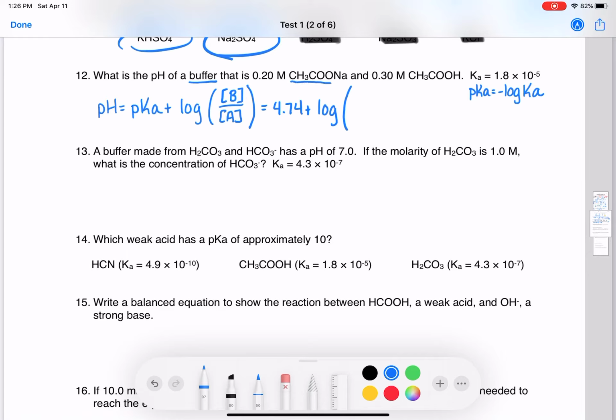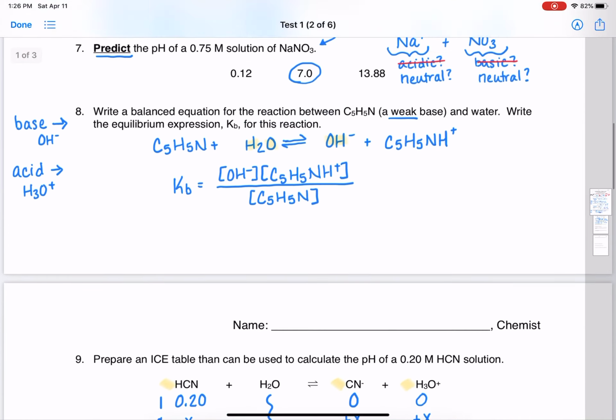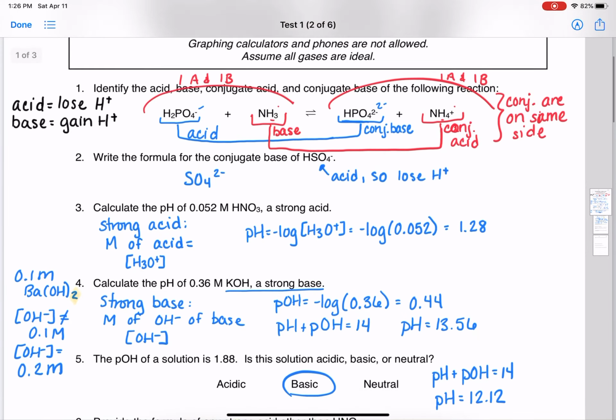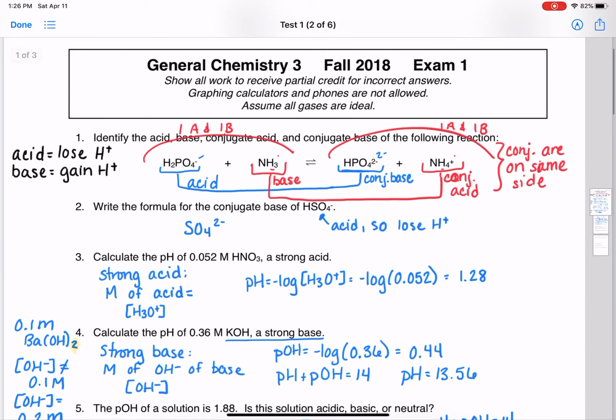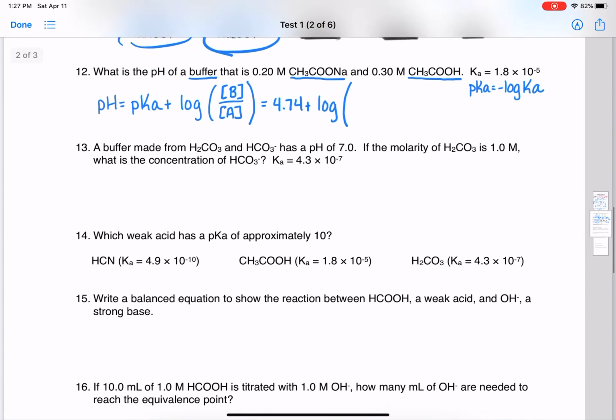We've got to look at these two formulas and figure out which one is the base and which one is the acid. I was looking to see if maybe I'd already written up here in question 1 how we're going to determine base from acid, but I haven't, so we'll write it here.